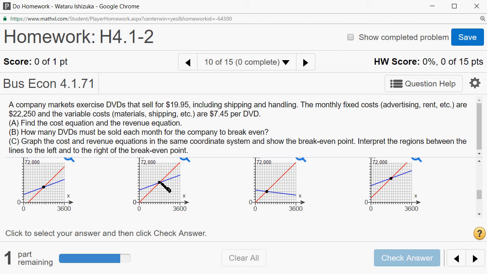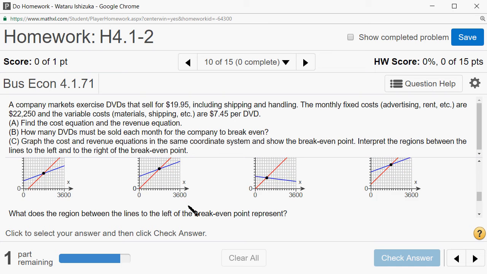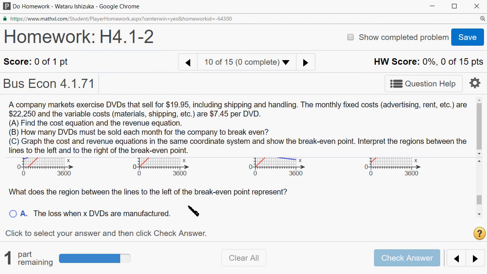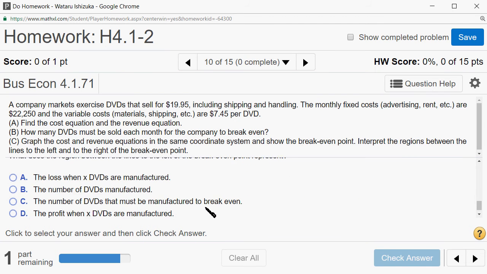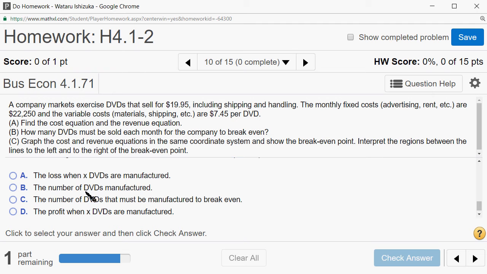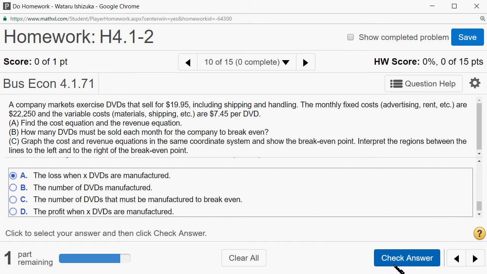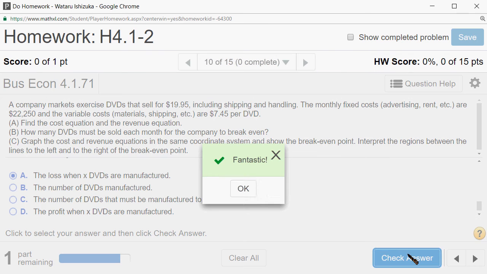Right, so this is to the left of that, which means that the cost is going to be higher than the revenue, which means that we're losing money. So it represents a loss because the cost is higher than the revenue. So let's check the answer. All right, we got that.